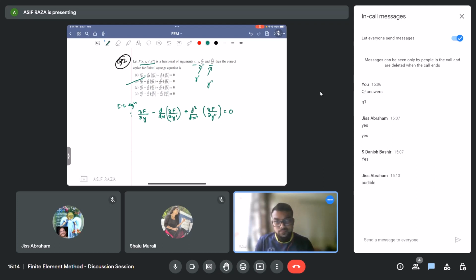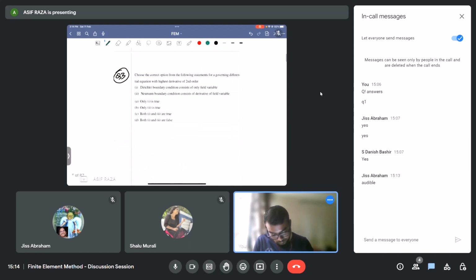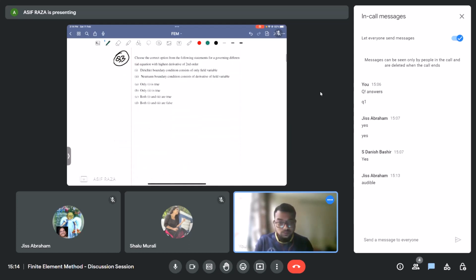Okay, let's move on to the next question. This question I'll ask you all. Can you guys respond in the chat box? Choose the correct option from the following statements for a governing differential equation with a highest derivative of second order.